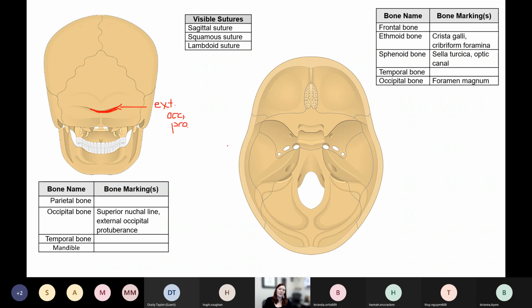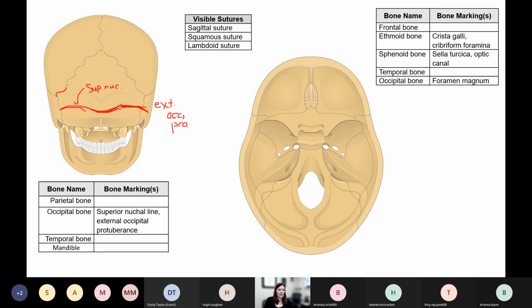This is a big bump that's really important for muscle attachment, for muscles like the trapezius on the back side of your body. Next to it, we have what's called the superior nuchal line. Again, that's another important bone marking for muscle attachment.